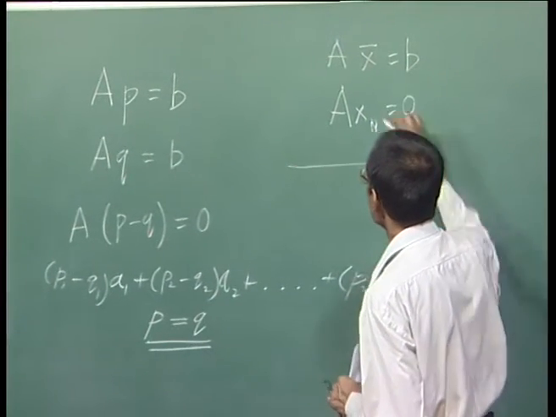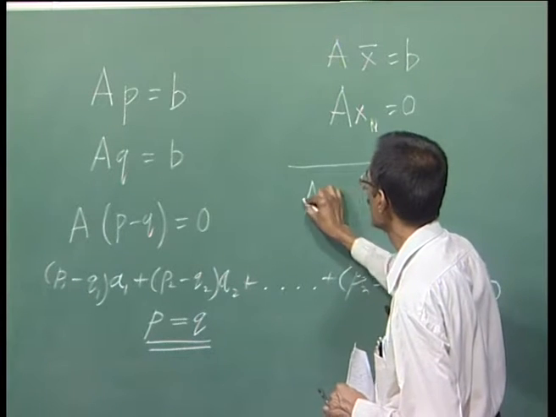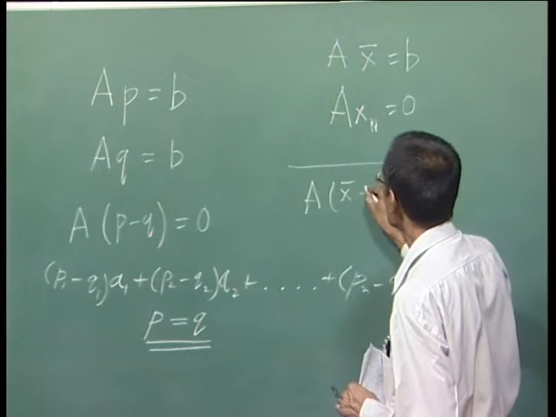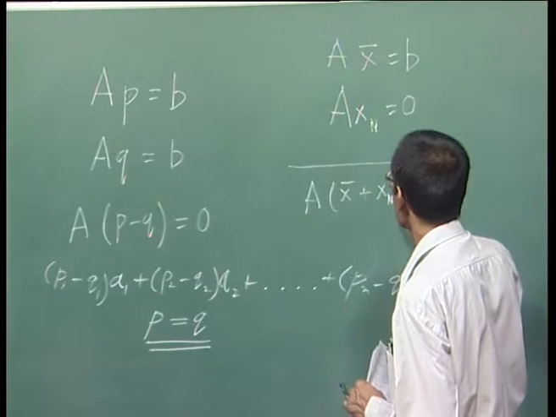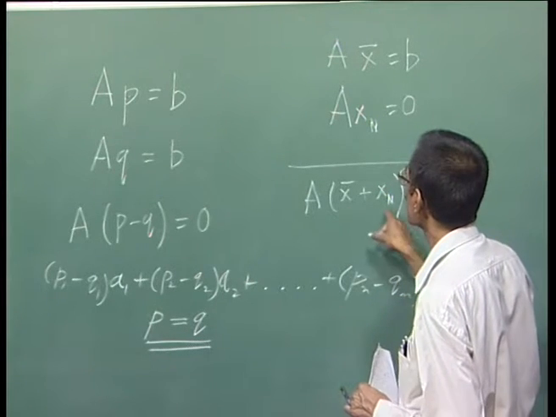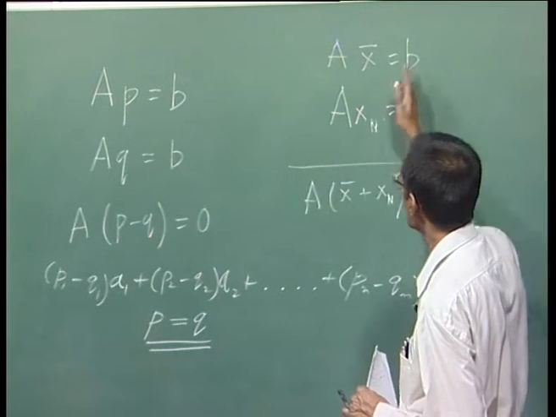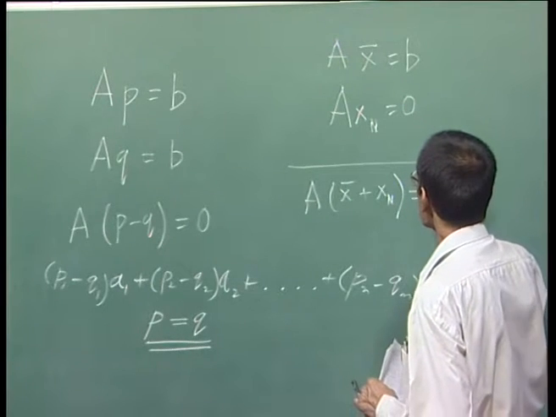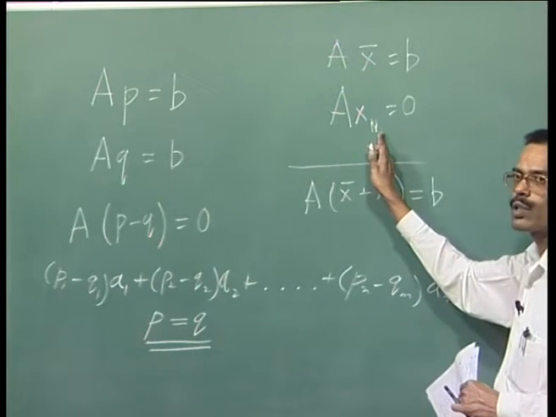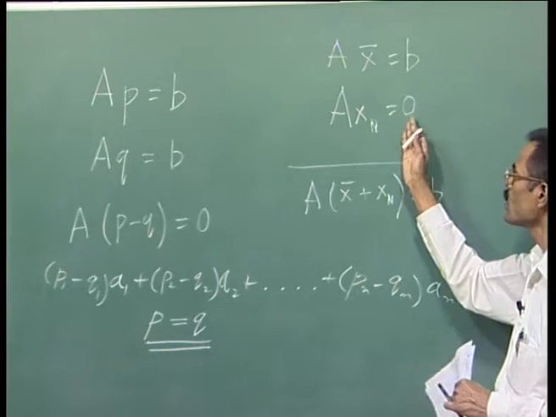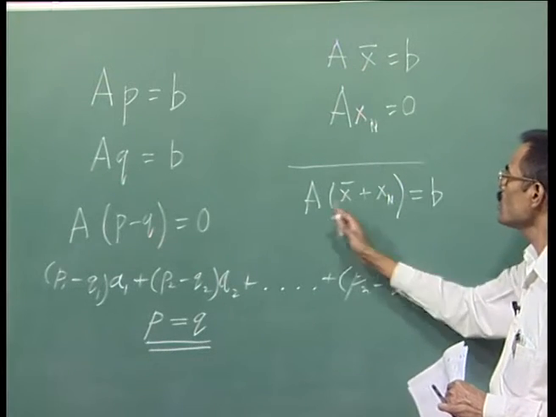Now, if we add these two, then we find that this also turns out to be a solution. On this side we have added these two, on this side this will be b, because A x n will contribute nothing, that is 0 only, and A x bar contribution will remain.